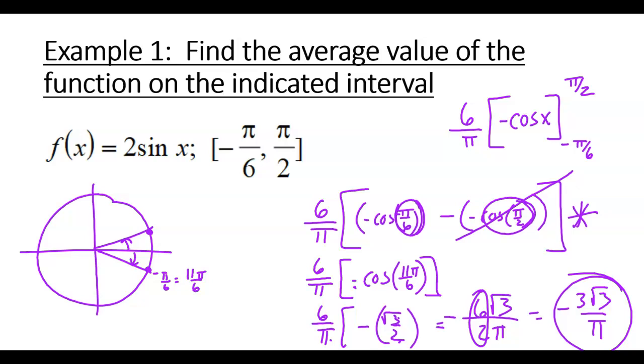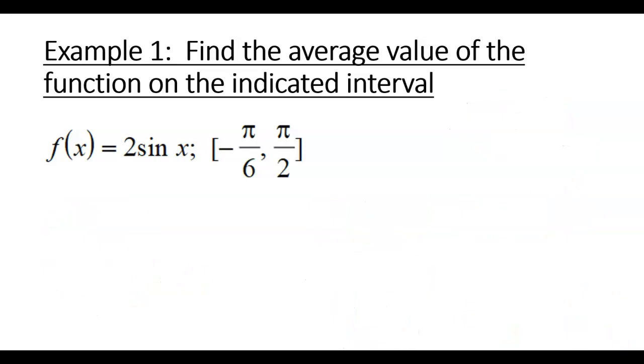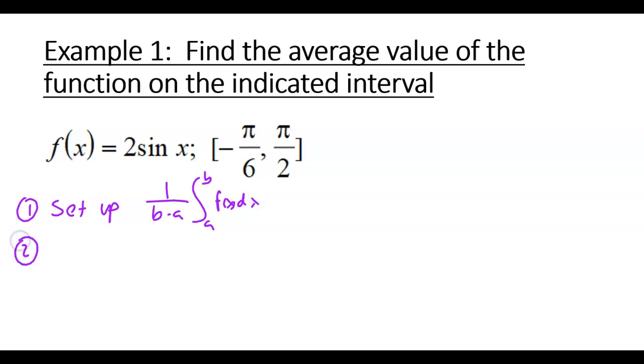So I don't want you guys to get lost in the trig too much. I want you to remember the basic process. So, step 1. Set up your formula. It's 1 over b minus a, integral a to b. Step 2.